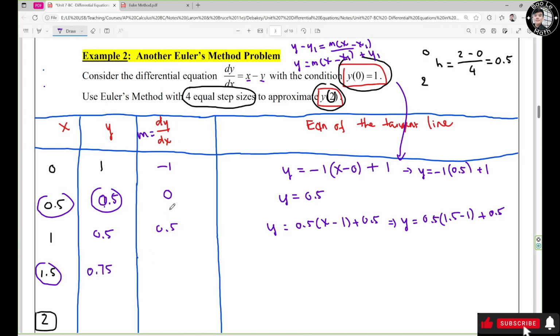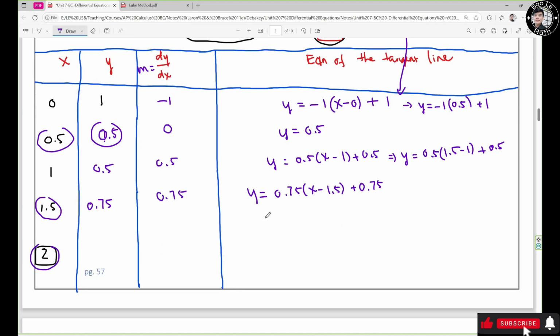Now dy over dx equals s minus y, so it's going to be 0.75, right? Alright, now I have the equation y equals, the slope is going to be 0.75 times s minus 1.5 plus y1, which means 0.75, right? So I substitute 2 for s into this one to solve for y, right?